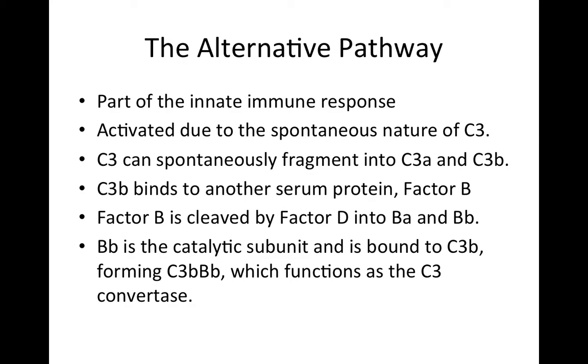Factor D cleaves factor B into Ba and Bb. Ba is the smaller subunit, so it will float off, but Bb is the catalytic part, and when it's bound to C3b, it forms C3bBb, which is known as the C3 convertase.